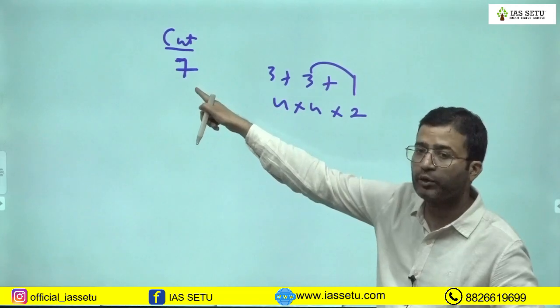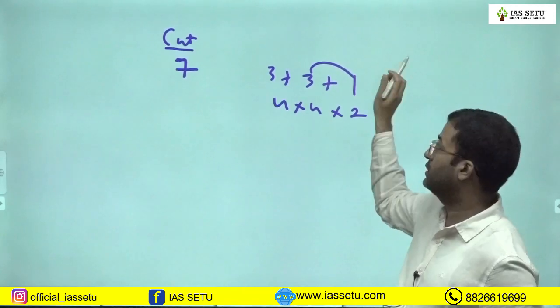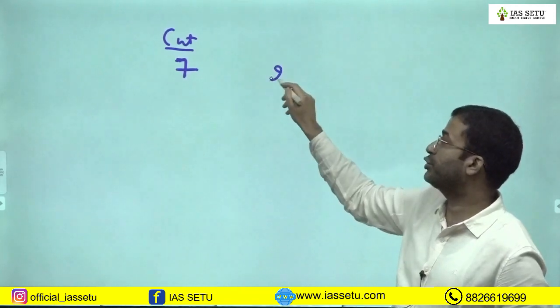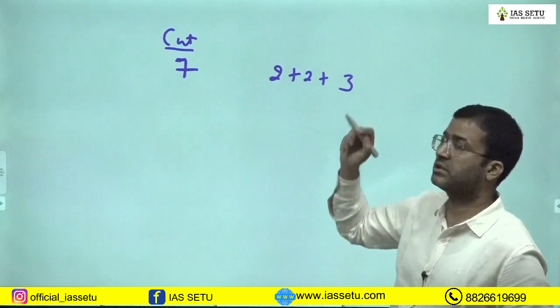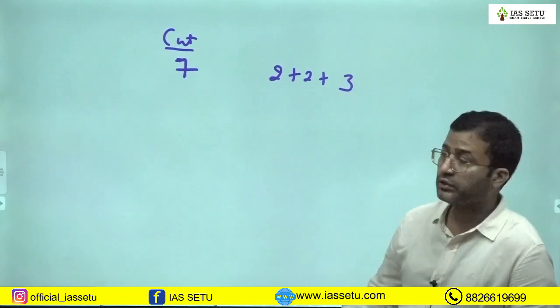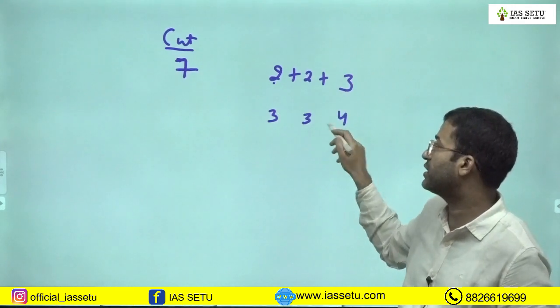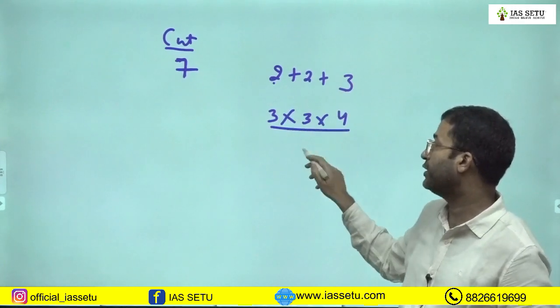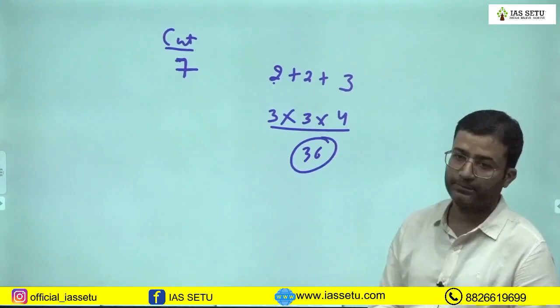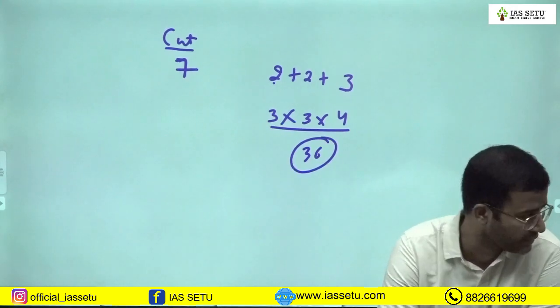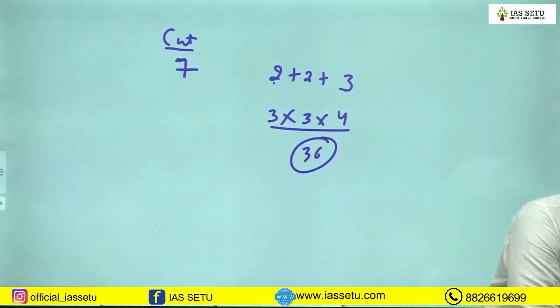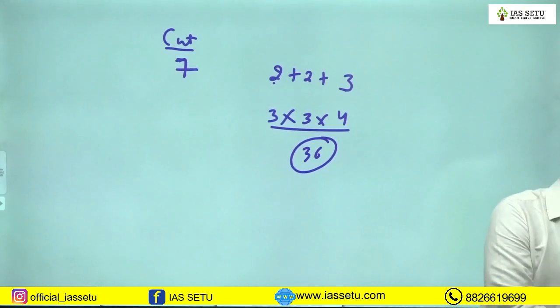Because the multiple of 3 near to 7 is 6. So your distribution has to be 2 plus 2 plus 3. Then we will say 2 cuts give you 3 pieces, 2 cuts give you 3 pieces, 3 cuts give you 4 pieces, 9 into 4, 36. Correct answer 36, 32 is wrong. Okay.